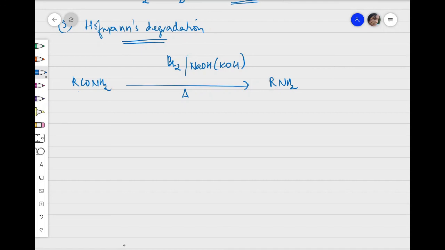So this is Hoffman degradation, and the other products, if I have taken KOH, let me take it as KOH, I will get KBr, and I will get potassium carbonate and water.